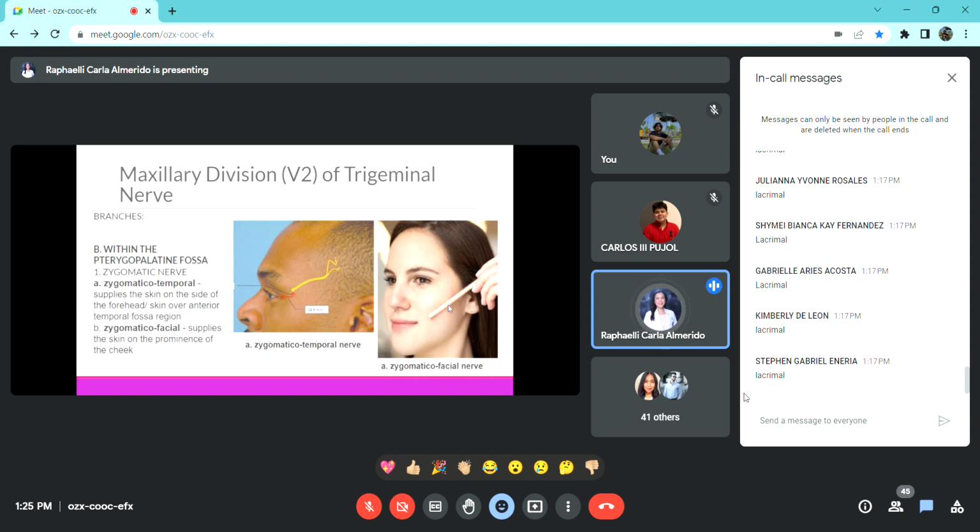So that's what we're trying to mimic when you do your makeup also. So this region, the one on the right side, this is supposed to be letter B, that's your zygomatico-facial nerve.